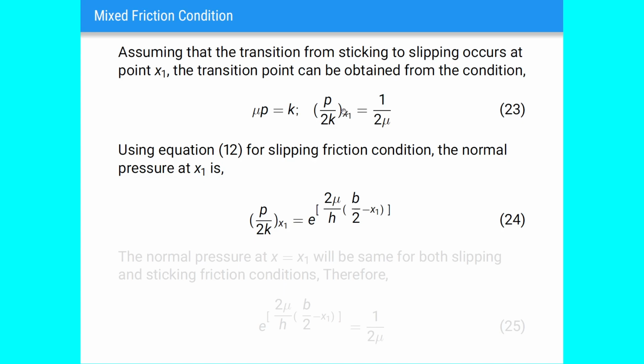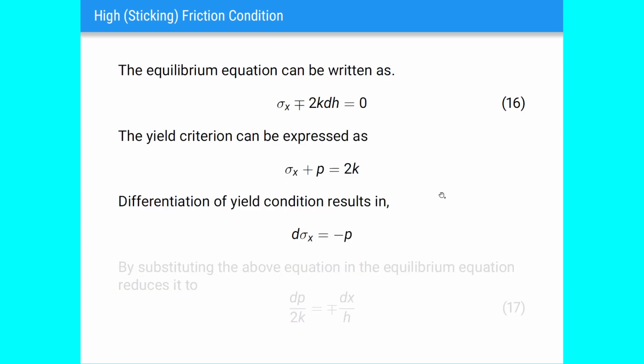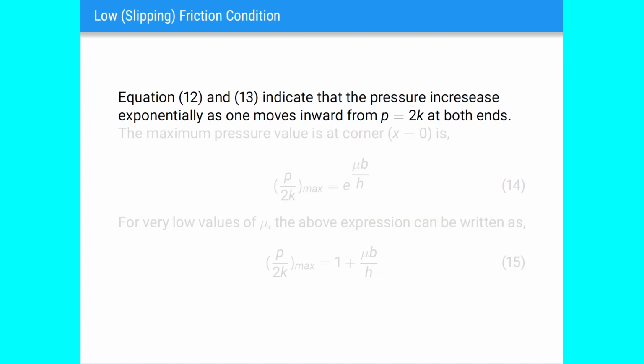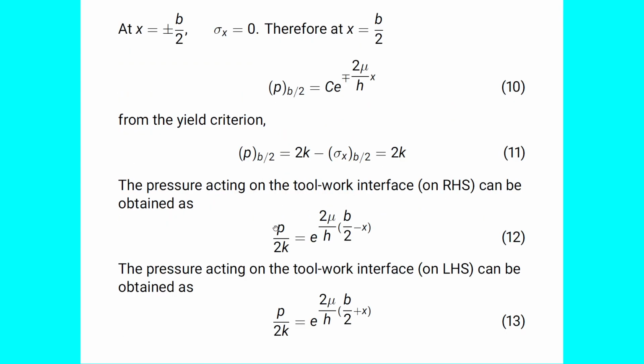But since we are saying that at this particular point x1 you are having slipping friction conditions, let us recall equation number 12, when we were discussing the low friction condition, or the slipping friction condition. We will simply put x equal to x1 in this particular equation, and we will get the value of p upon 2k at x equal to x1 from this equation.